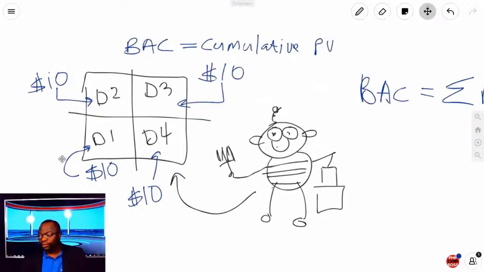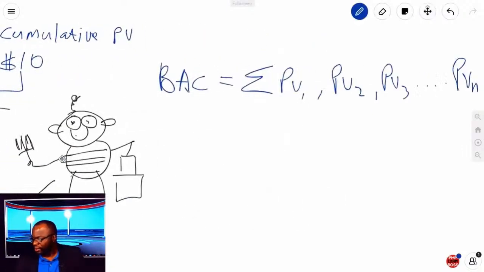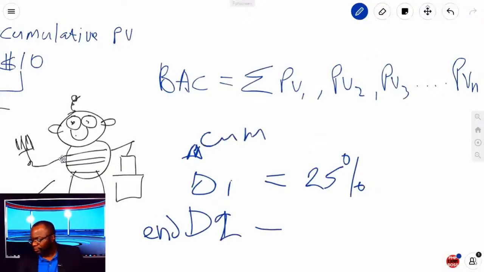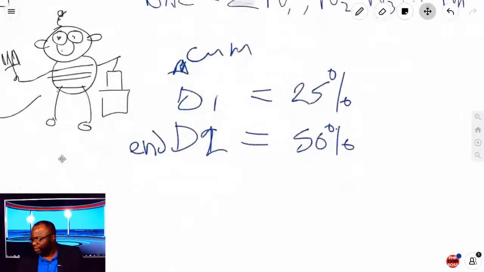Day 1, you could think of it like this. If Herman was going to do a milestone chart, he would say, day 1, I'm going to get 25% of the work done. By the end of day 2, and this is of course cumulative, he would have gotten 50% of the work targeted complete.